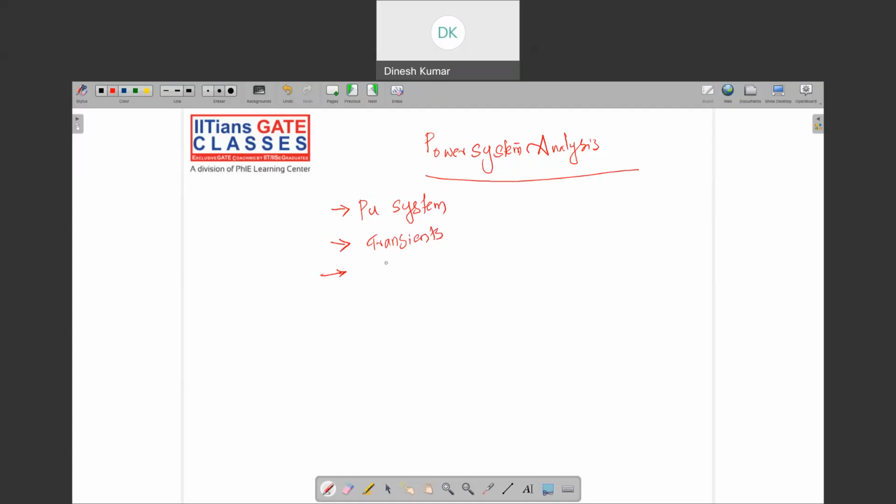After transients, we will look at voltage control and frequency control a bit, because we will study most of these things in machines. Voltage and frequency control will be covered more in synchronous machines. Then load flow and economic load dispatch.